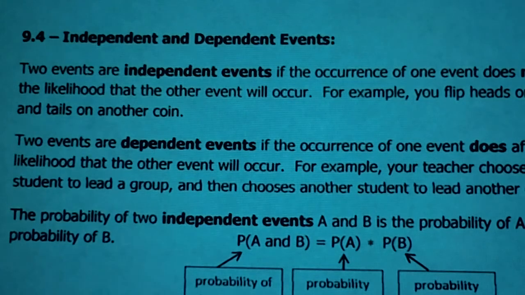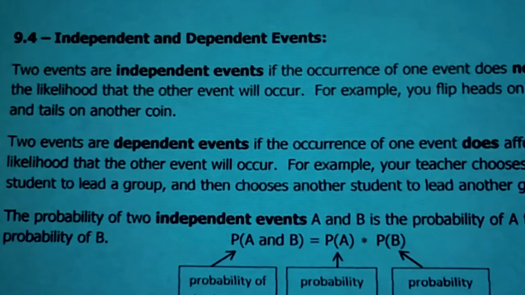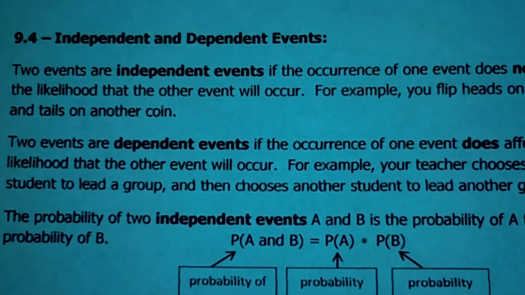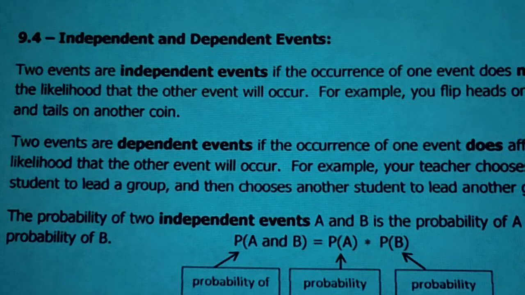Two events are considered to be dependent if the occurrence of one does affect the likelihood of the other one. For example, let's say your teacher chooses one student to lead a group, then they choose another student to lead another group. This would be dependent, because if you already chose that first student to lead the one group, that student cannot choose to lead the other one.